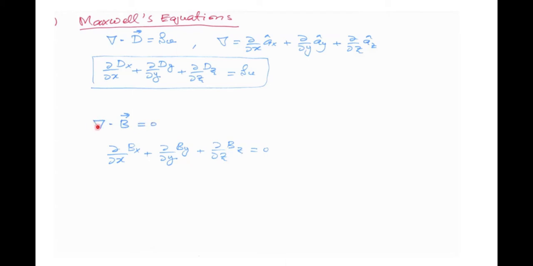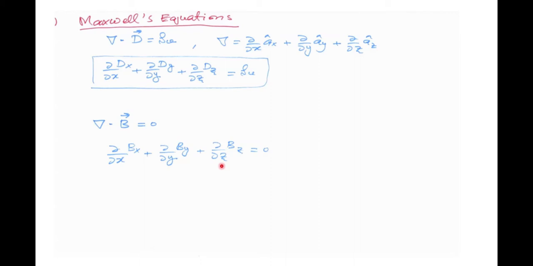Write down the del operator in rectangular coordinate system and assume that B has three components along each axis, that is along the x-axis, y-axis and z-axis. Then take the dot product. So finally you will come across this relation, that is partial by partial x Bx plus partial by partial y By plus partial by partial z Bz. This is how to write the four Maxwell's equations for electrostatic and magnetostatic fields in rectangular coordinate system.